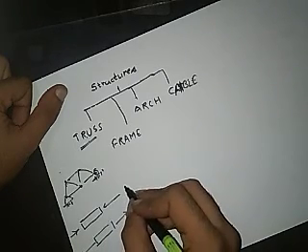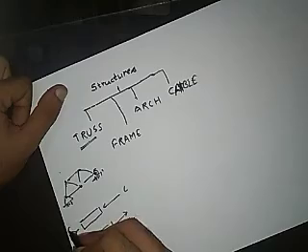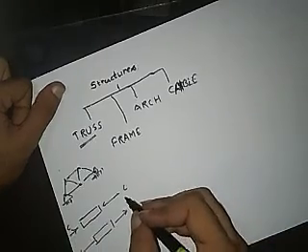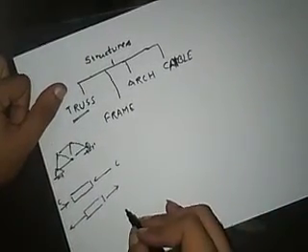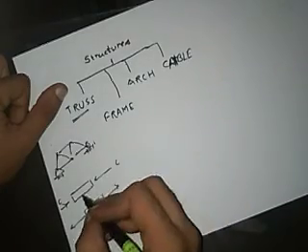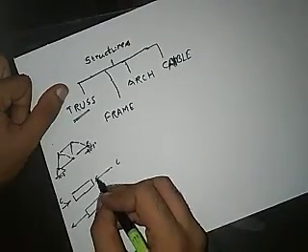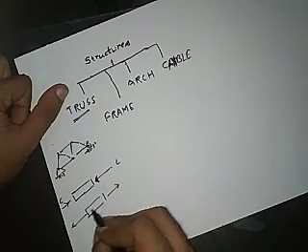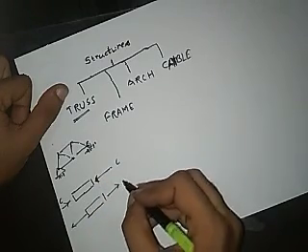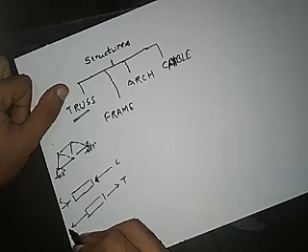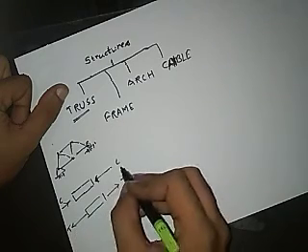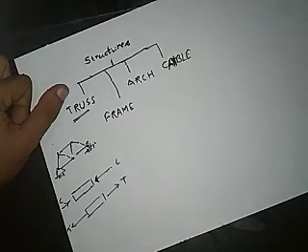This could be a compressive force. You are compressing some member. With tension, you are applying a tensile force to elongate it, or a compressive force to compress it. So there could be compressive or tensile forces.